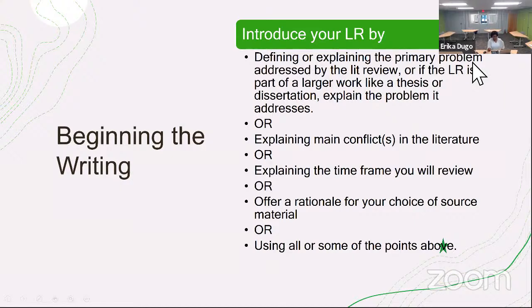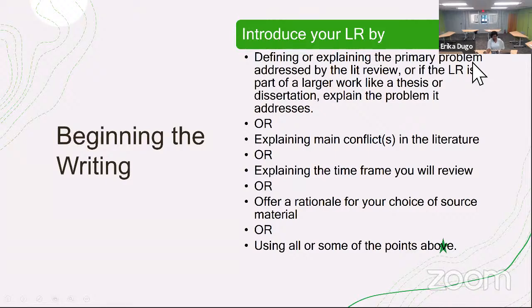So in the introduction, you will explain why the topic is important and give the reader an idea of where you're going in your literature review paper. So you can define or explain the primary problem that's being addressed by the literature review. You can explain the main conflicts in the literature.